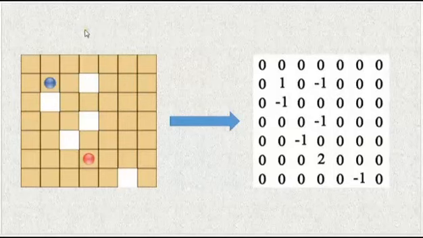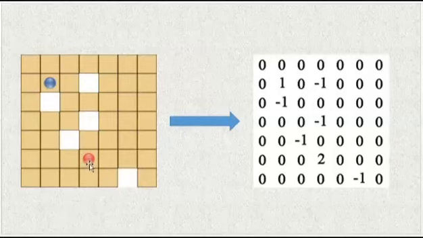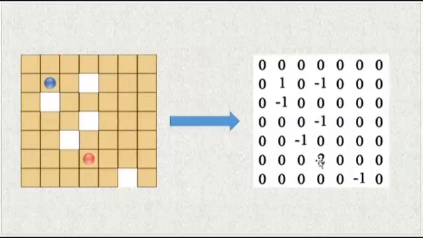A block where the blue coin, that is player 1, is present is represented by the number 1, and the block where the red coin, player 2, is present is represented by 2. So we have 0 for the board is present, -1 for the board is not present, 1 for player 1's position and 2 for player 2's position.